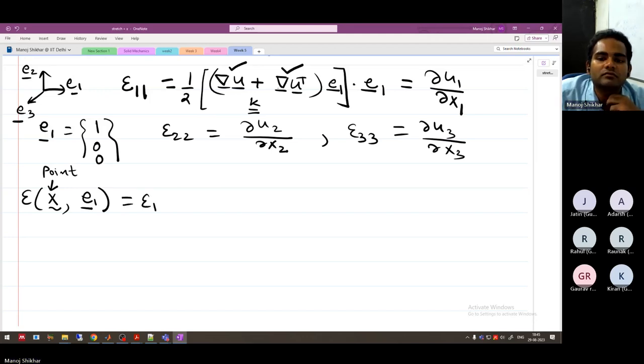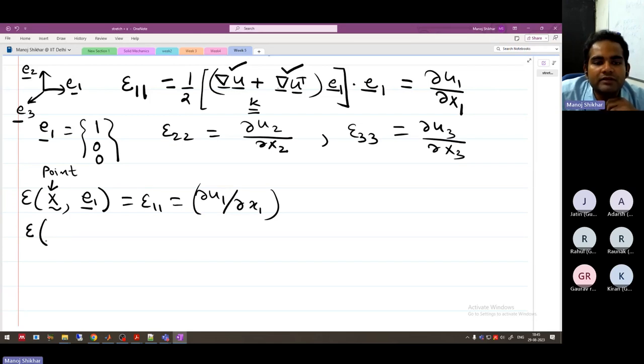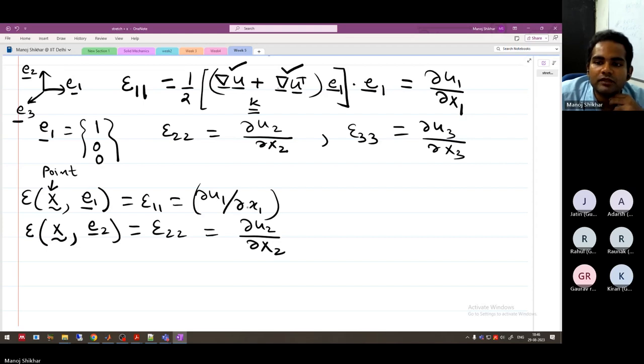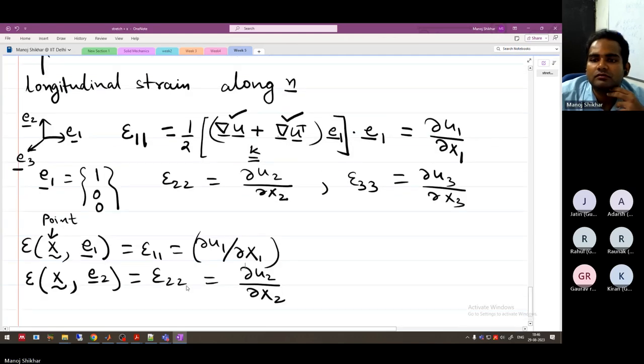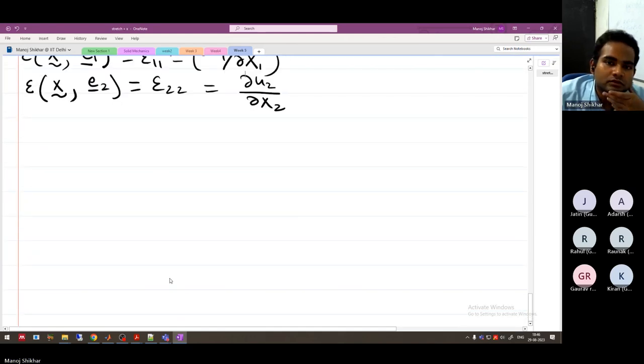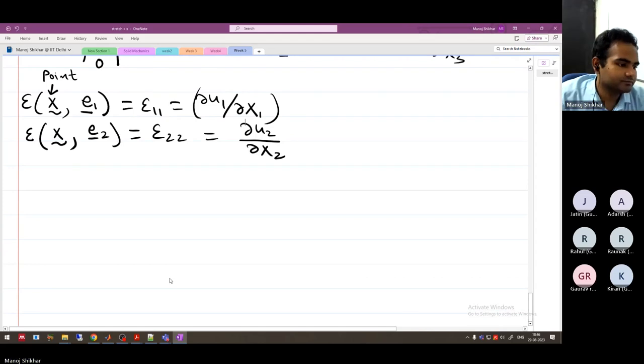So this is my epsilon 1,1. Similarly, if I want to write epsilon 2,2, the point is X, the direction is E2. So this is the form you should write. It should be capital X1 here. Sorry. And so on.